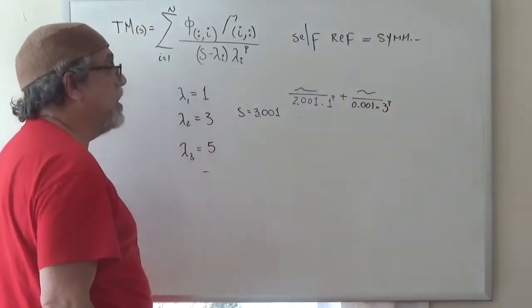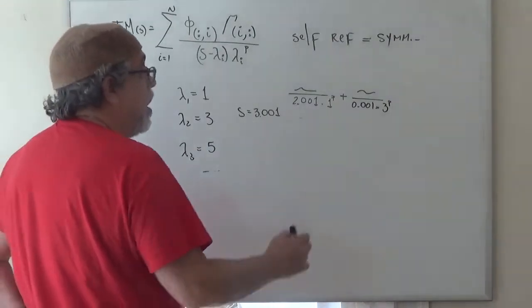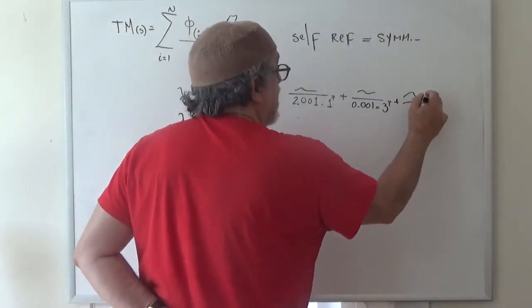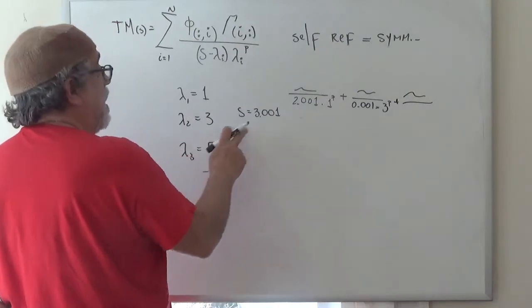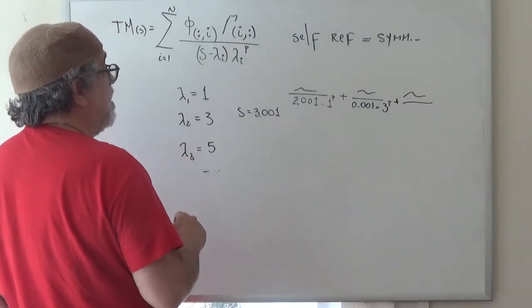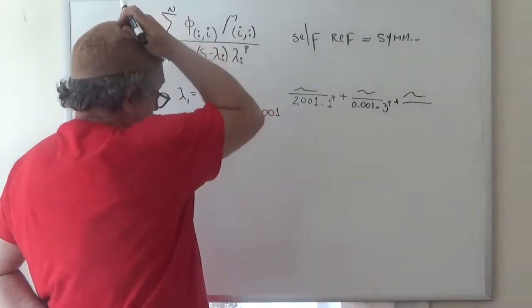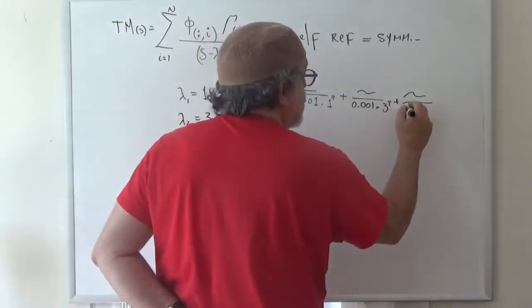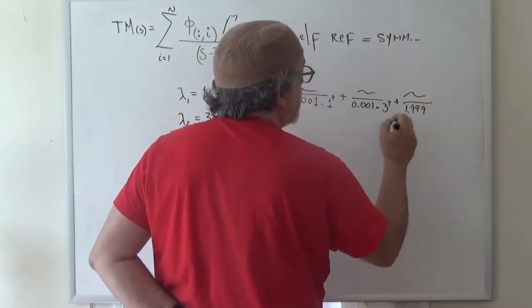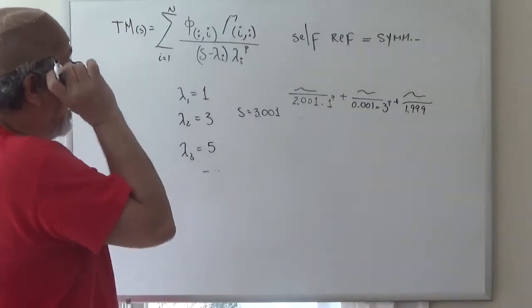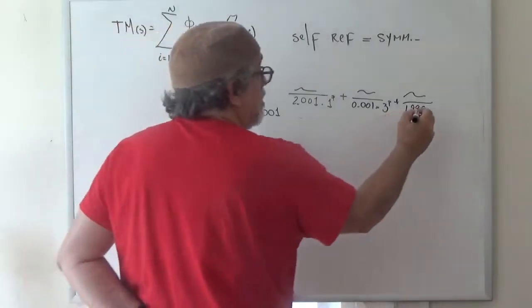Whatever p is will depend on the type of measurement, right? Plus whatever in the numerator divided by 3.001 minus 5, that would be about minus 2, so this is 1.999 or something like that, right? Times 5 to the p.